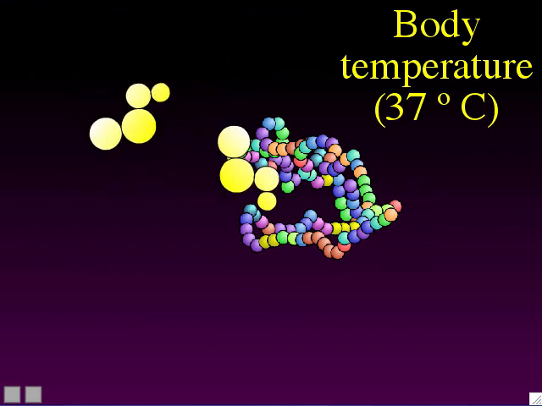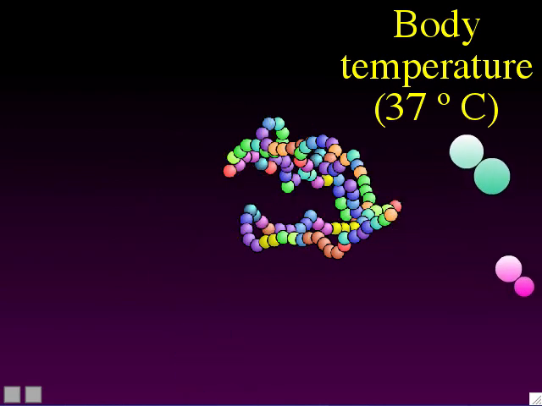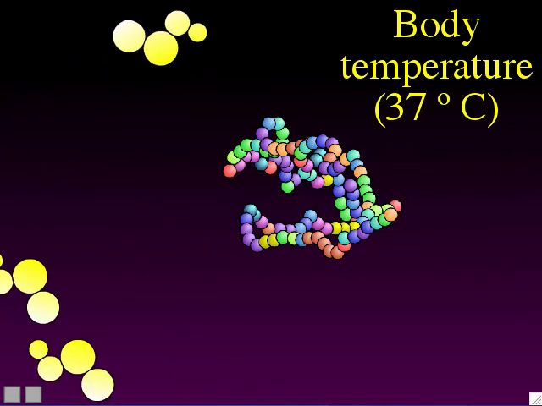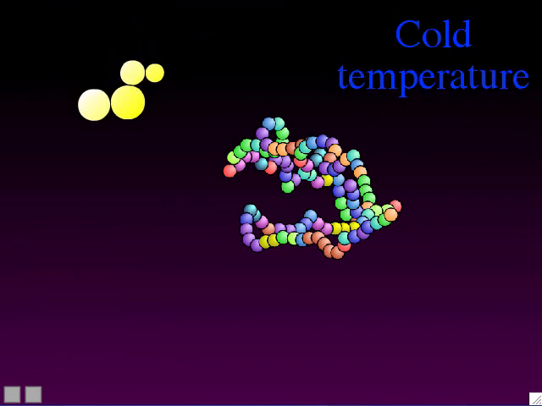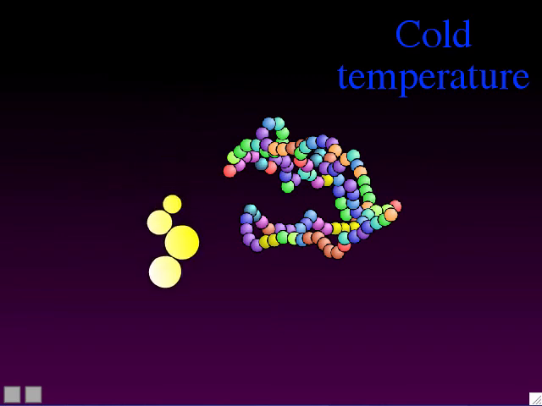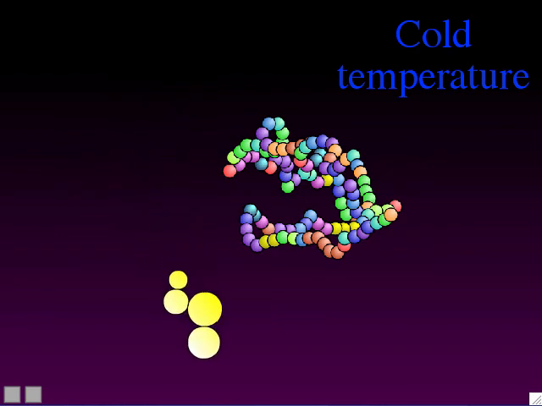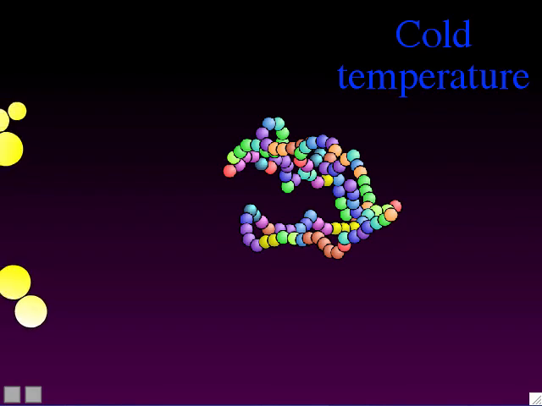Okay, so now we're going to see what happens if we somehow cool down this enzyme's environment. You bring it below 37 degrees, so now we're at a cold temperature. As you know, molecules move more slowly at cold temperatures, and that's going to slow down the activity of this enzyme. The enzyme itself is not damaged by the cold, but the substrate molecules that it needs to come to it are going to be moving more slowly.